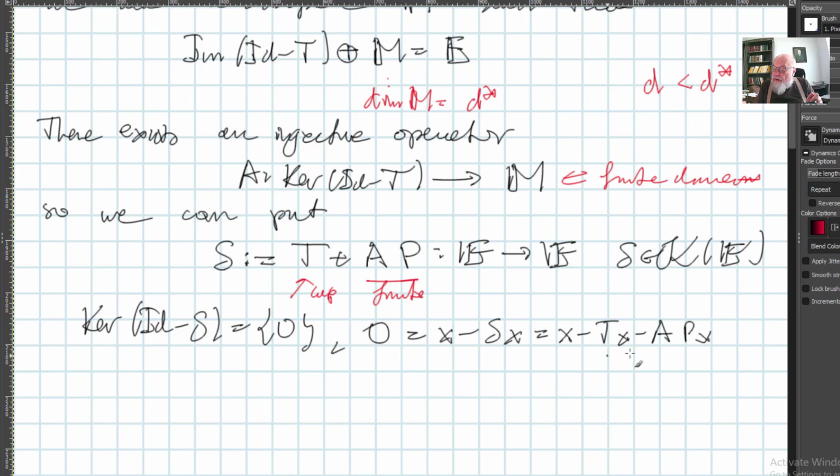So you can see that here this operator will be the same as x minus T, and this will be Px, and because that's the decomposition, minus, and the other one is 0, so this is equal to minus A Px, and that one belongs to the image.